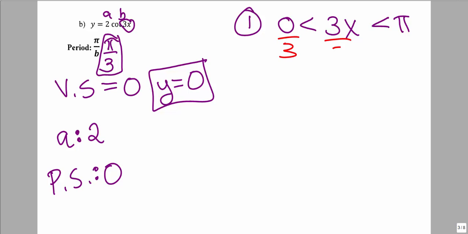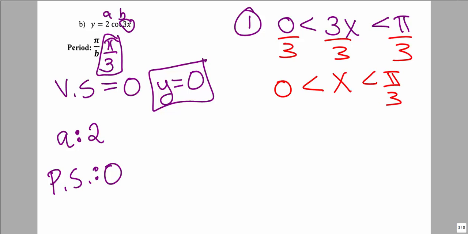So dividing each part by 3, I get 0 is less than x is less than pi over 3. So we know that we're going to start at 0 and that this 1 period interval of cotangent will start at 0 and end at pi over 3.